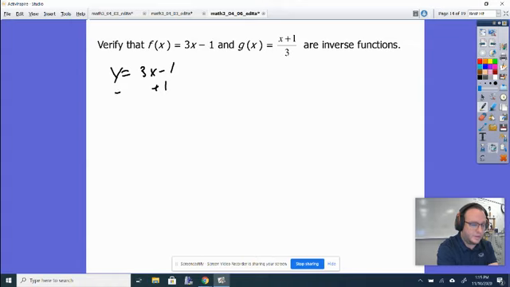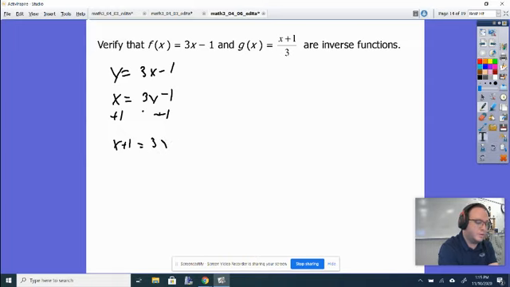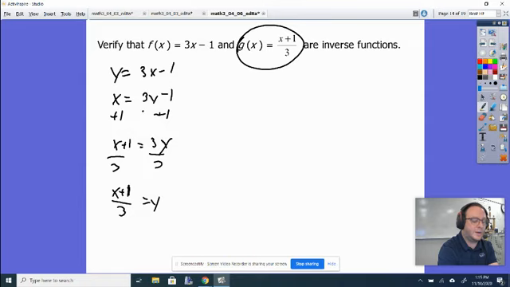I apologize. We need to switch x and y first. There we go, that's better. Okay, so x equals 3y minus 1. Plus 1, plus 1. x plus 1 equals 3y. Divide by 3, divide by 3. (x plus 1)/3 is equal to y, which is what I have.